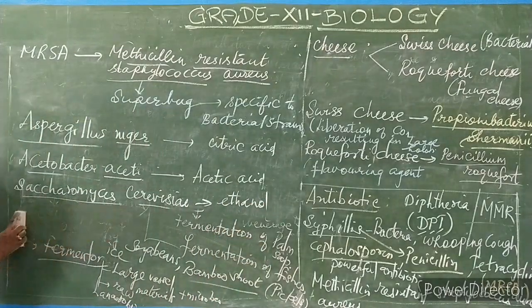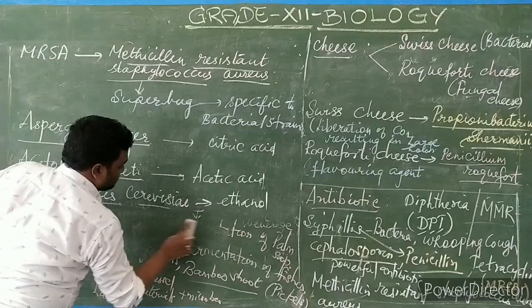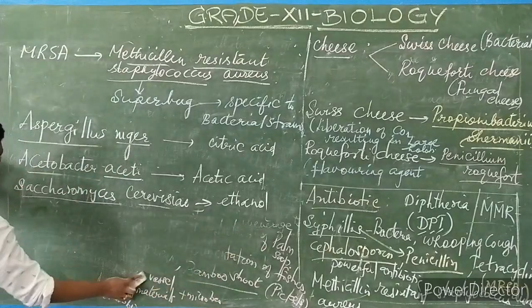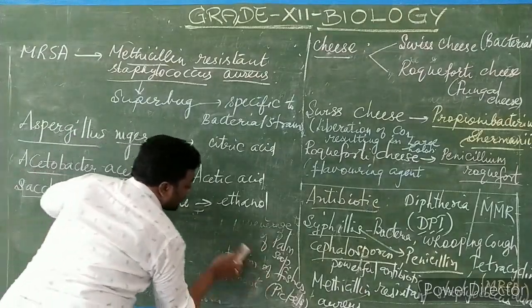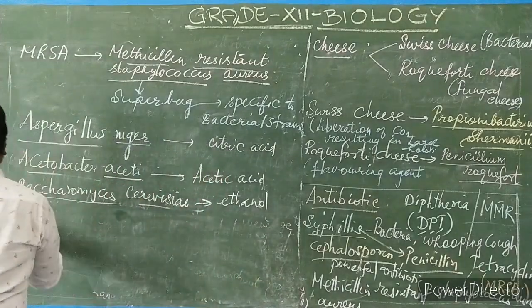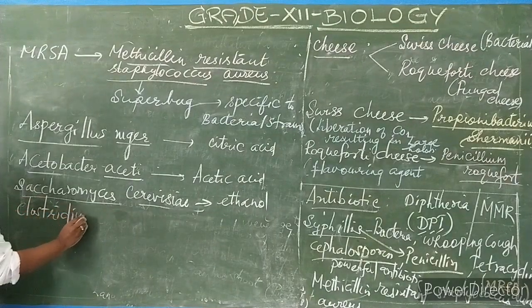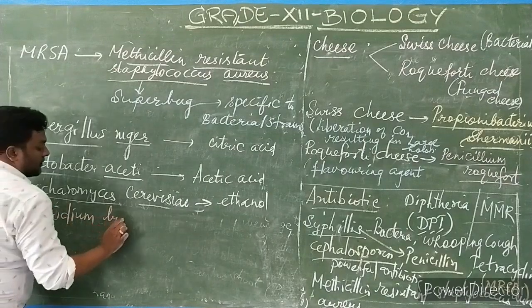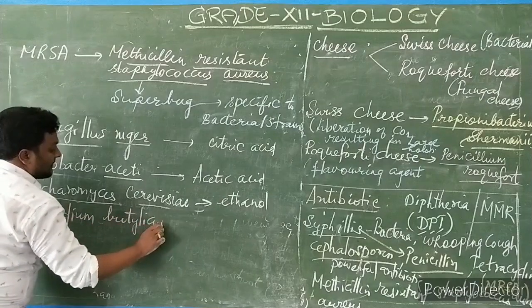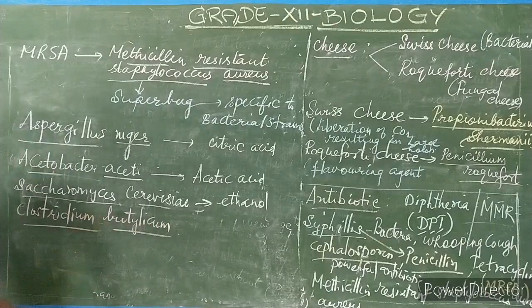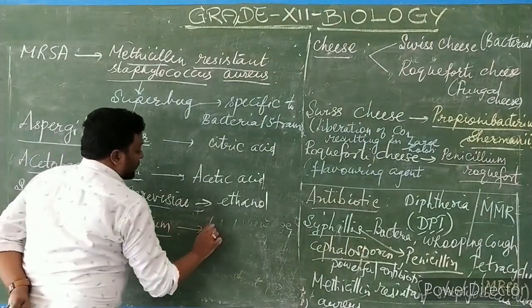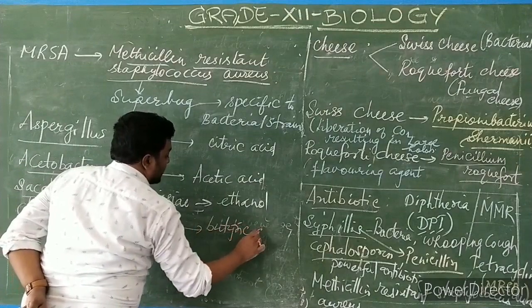And the next example is Clostridium botulism. Clostridium botulism is widely used in the production of butyric acid.